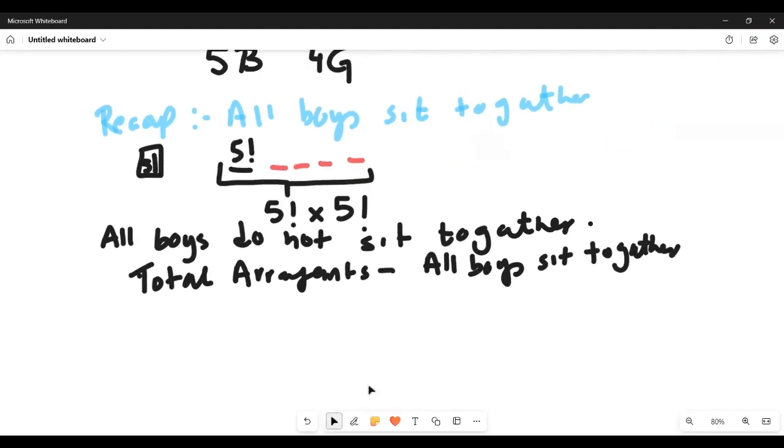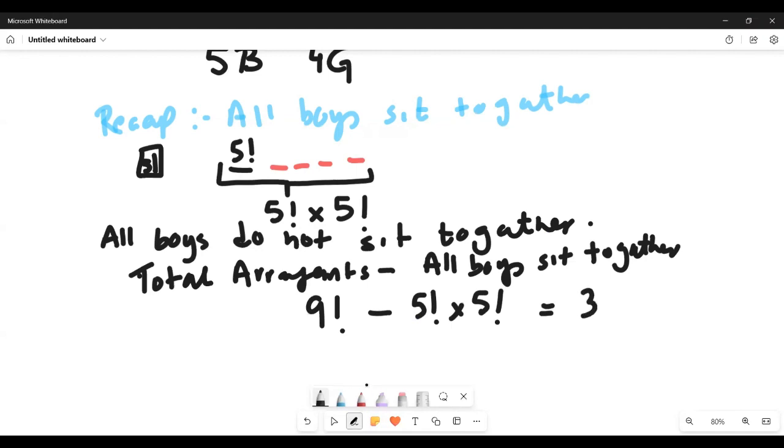So what are the total arrangements? 9 people on 9 seats. That's 9 factorial or 9p9 minus all boys sit together is 5 factorial times 5 factorial. So whatever is the answer for this is our answer. I've written it comes out to be 348480. It's probably correct. I don't have a functional calculator right now, but that's probably it.